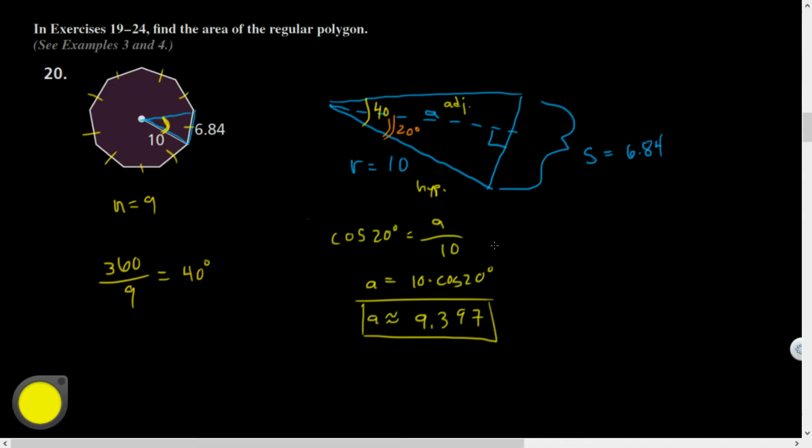I'm trying to find the area. What was the area formula? Someone help her out.